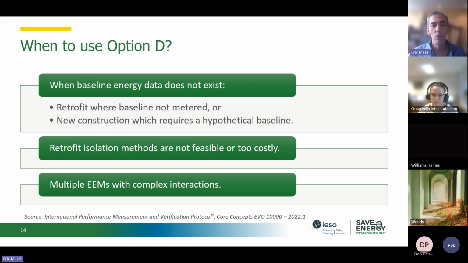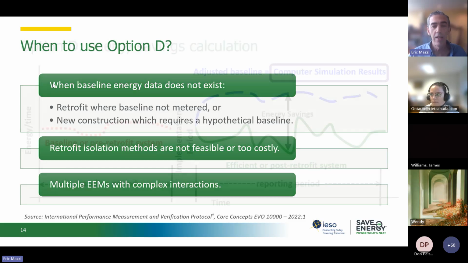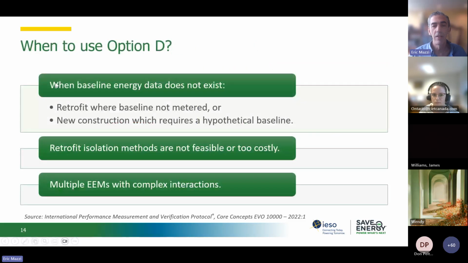All right, so when to use option D, the basic idea is when your baseline energy data does not exist. There are two cases where that would be. You have a retrofit or an existing system, and the baseline is just not metered for whatever reason.